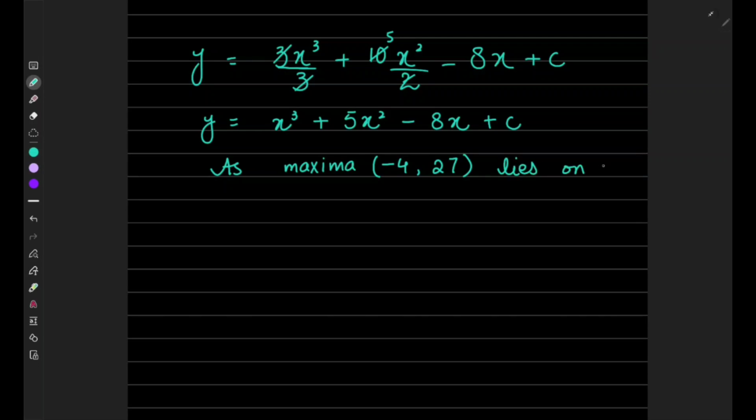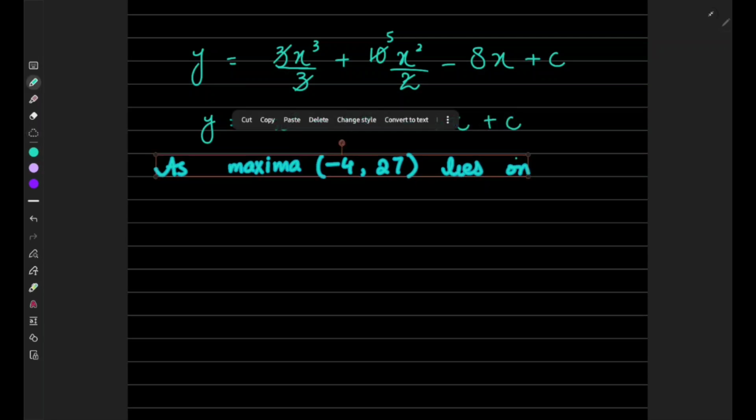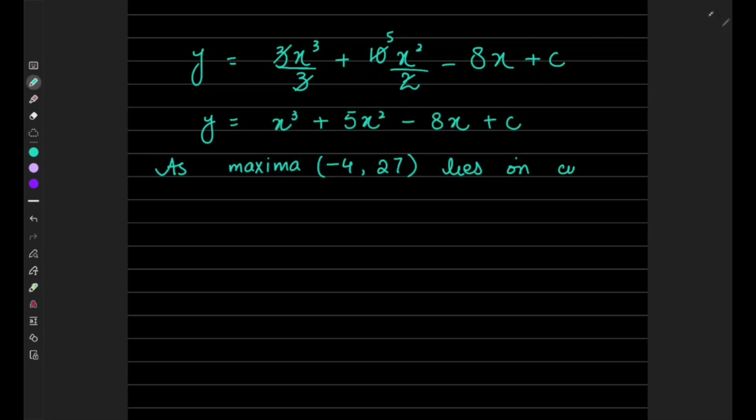As the maxima lies on the curve, 27 is equal to minus 4 cubed plus 5 times minus 4 squared minus 8 times minus 4 plus c.